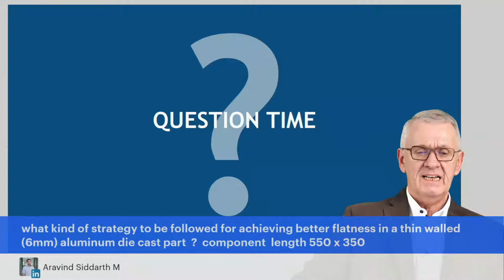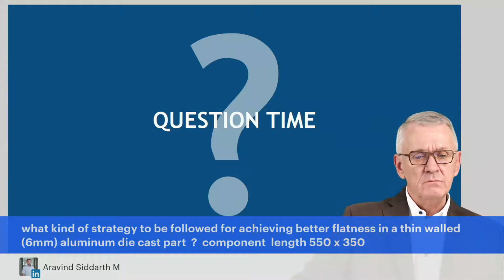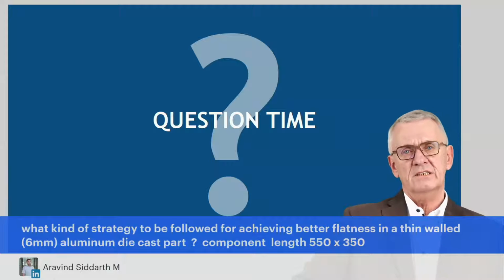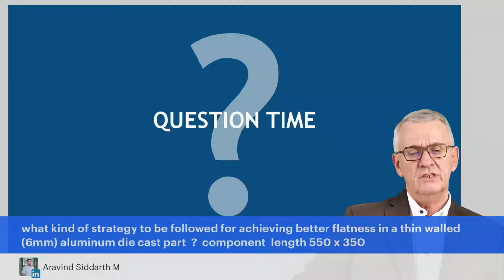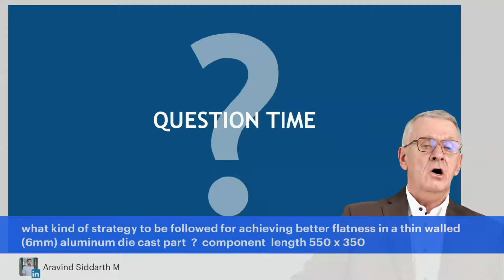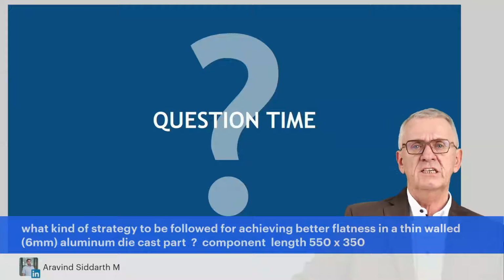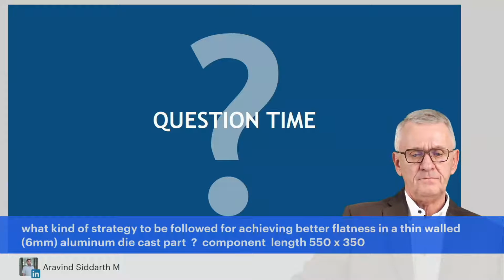And the question is from Arafind, can you give me some more time next time in such an event as today? I'm going to talk about it. Otherwise, in the comment, I can give you already some more information on what is referred to as thin wall milling.